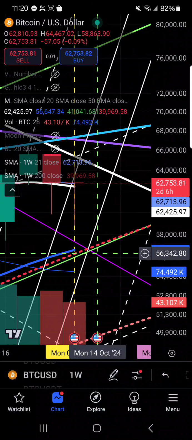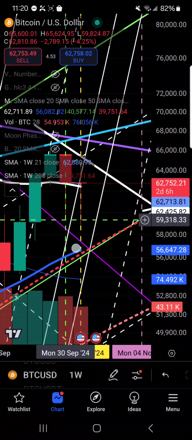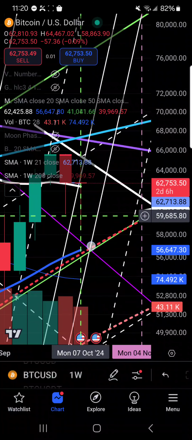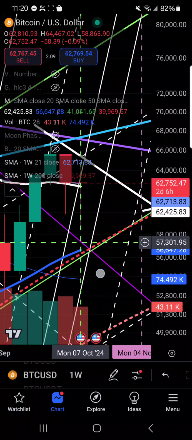So if we break through that, it might be a little bit of trouble, especially since it's the top of the weekly Gaussian channel. That might signal a little bit of trouble, and that could be why we didn't even come close to it here. The bulls kept us a couple $1,000s away from that area.